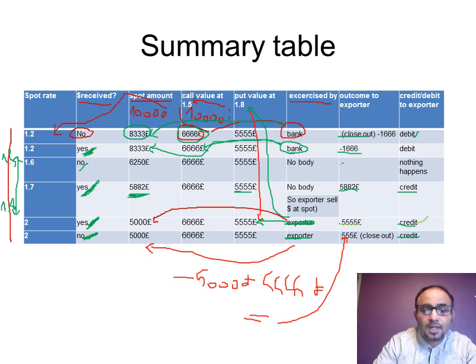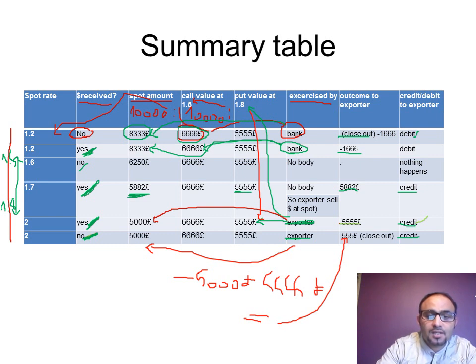Now, let's say that we are above the put option price. So imagine we are at $2 to the pound. Did we receive money? Yes. Okay, so if we have this yes in here, we know that if we are above the put option price, then it's the exporter who will exercise his option, which means he has the right to sell the dollars at the price which is 1.8. He already got this right, okay?